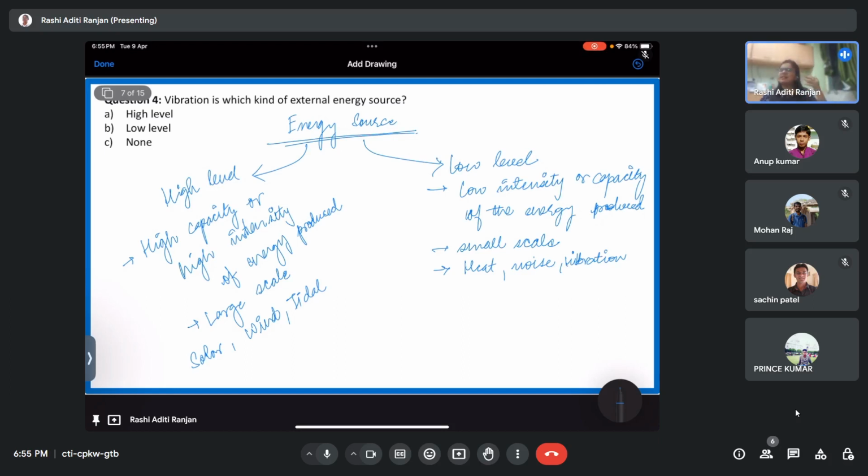But whatever energy is generated because of the vibration, the heat produced, or the noise in those machines, the energy is getting lost, which is why the efficiency is being reduced. But that is something we cannot just avoid. We try to avoid it as much as possible, but we cannot make it zero.